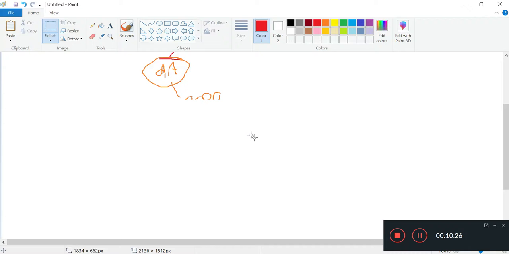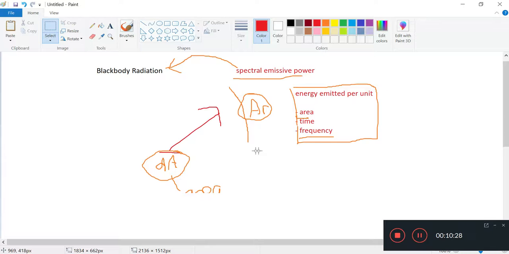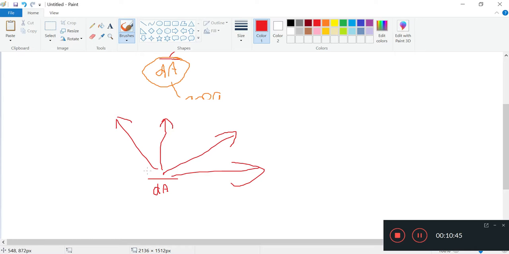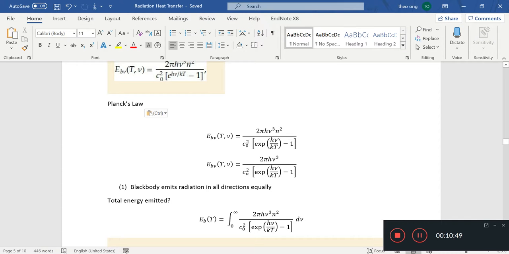So yes, it emits radiation in all directions equally, which is kind of convenient for us, because not all bodies do that, but a black body does. So it will emit in all directions equally, not a problem. How much energy is being emitted? It's based on this.